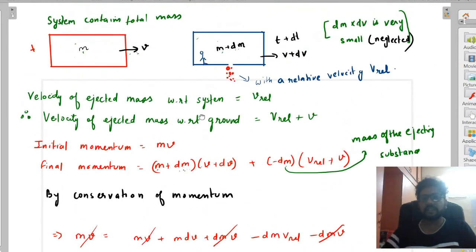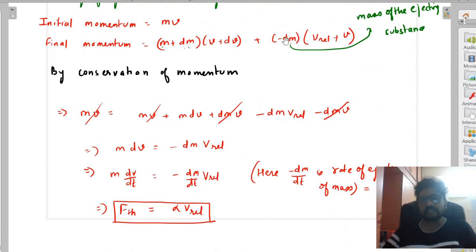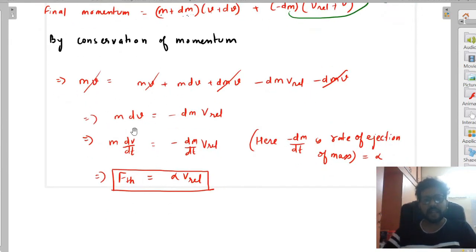I already told you dm dv we will neglect. You will see that dm v is getting cancelled, mv is getting cancelled. From this you will get m dv is equal to minus dm v relative.